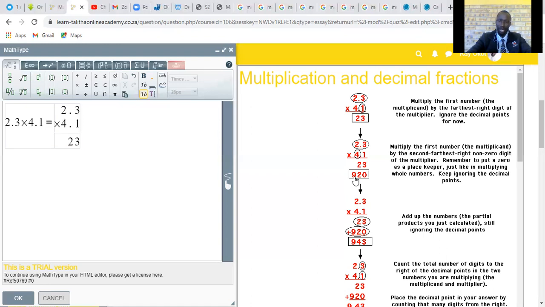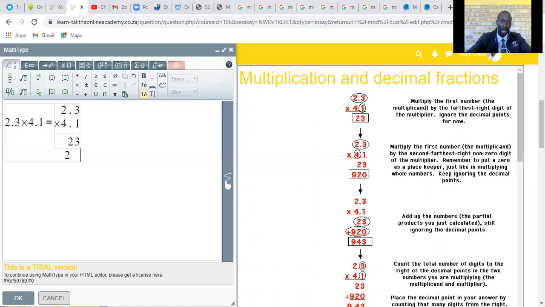So what I'm actually trying to say here is that after multiplying 1 by 3 and getting 3, then later multiplying 1 by 2 to get 2, we now move on to 4. We want to multiply 4 by 3. When we multiply 4 by 3, what we get is 12, okay? Now, this 12 that we have got, we cannot write the whole of it. Instead, we write the 2 and we carry forward the 1.